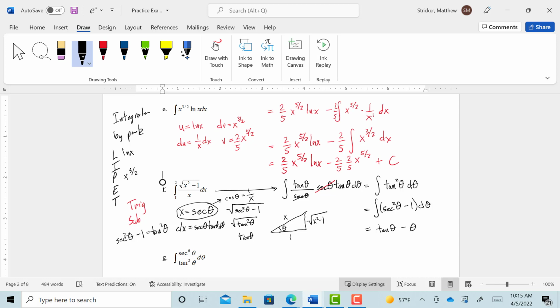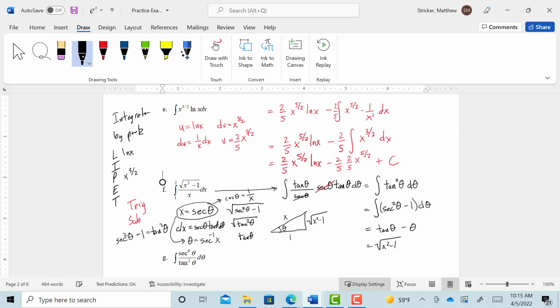And so tangent theta is going to be the square root of x squared minus 1 over 1. Do we need the over 1 though? Not really. And then theta is going to be the inverse secant of x.